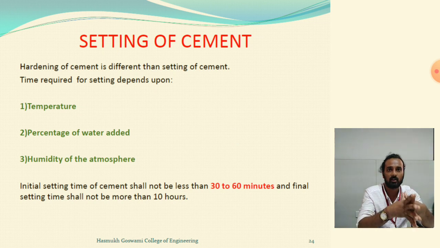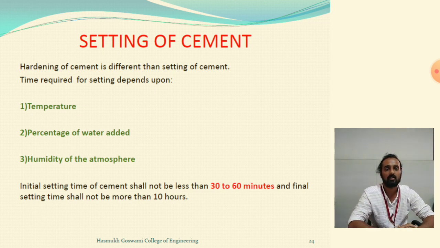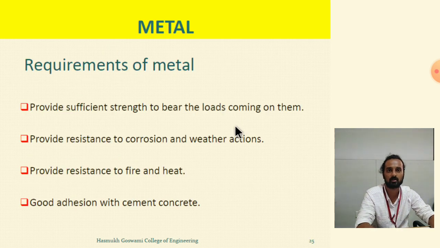The first one is the setting of the cement. Hardening of cement is different, and the time required to set depends upon three factors: temperature, percentage of water added, and humidity of the atmosphere. Initial setting time should not be less than 30 to 60 minutes and final setting time should not be more than 10 hours, right?